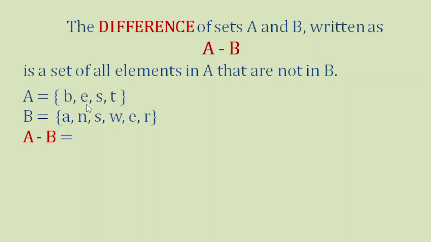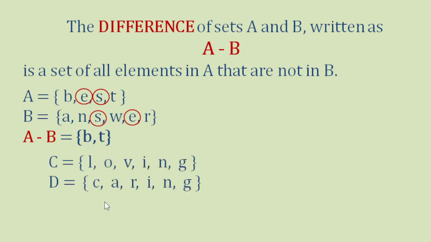Here, the common elements are E and S. So we will remove these elements from A. So our A minus B elements are B and T.